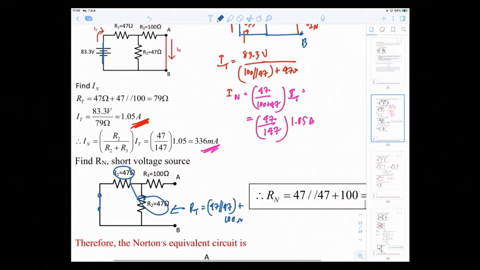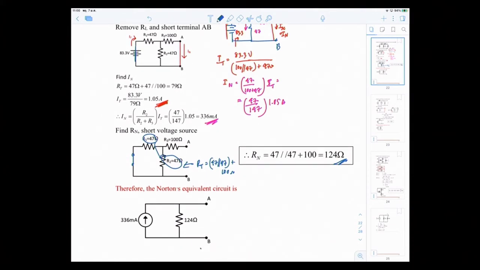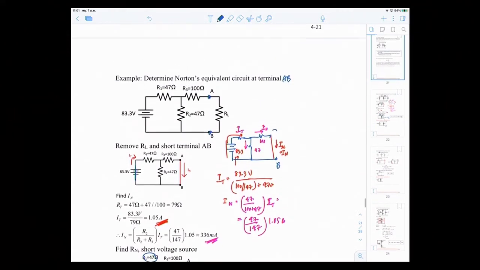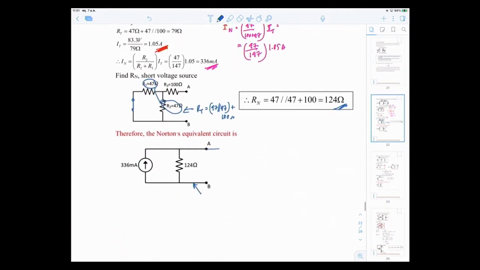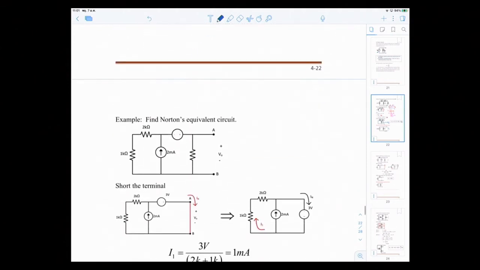So therefore it's equal to 124 ohms. So this is your RN. So therefore, this is your Norton equivalent circuit. Then you reinsert your RL back in and you get this answer. This is the Norton equivalent circuit.